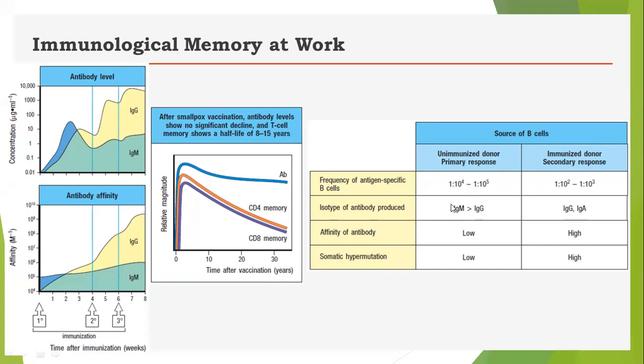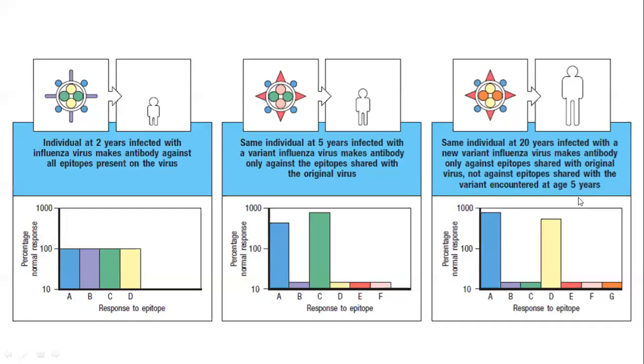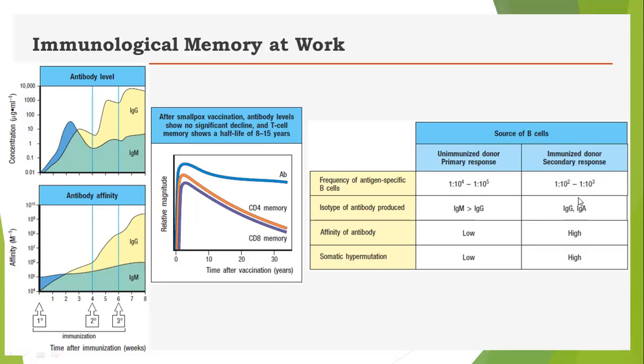We also have a different architectural composition of the immunoglobulin, more inclined to IgM in the unimmunized individual, and more inclined to IgG and IgA in the immunized individual. And for affinity, as I mentioned, we have high affinity in the immunized and low affinity in the unimmunized.